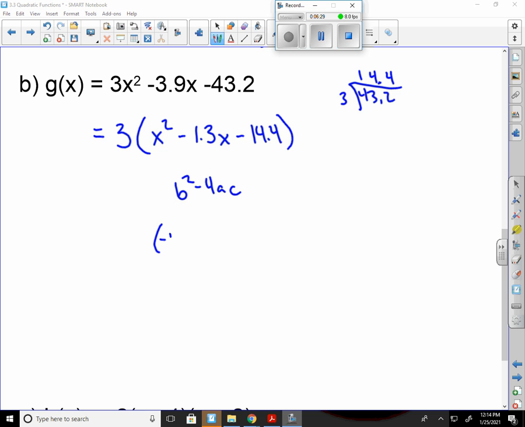So that's negative 1.3 squared minus 4 times 1 times negative 14.4. Negative 1.3 squared is 1.69.